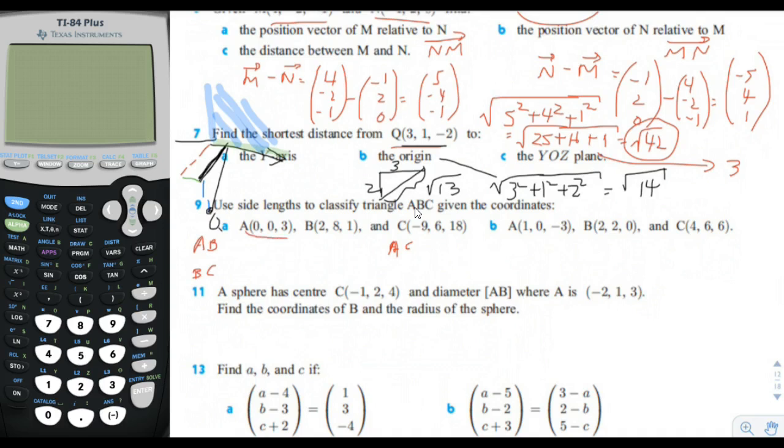AB, we would figure out the distance from A to B. So that would be basically square root of 2 squared plus 8 squared plus 2 squared, because the difference between 1 and 3 is 2.